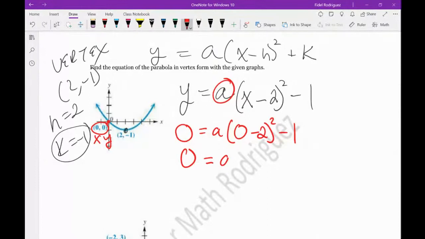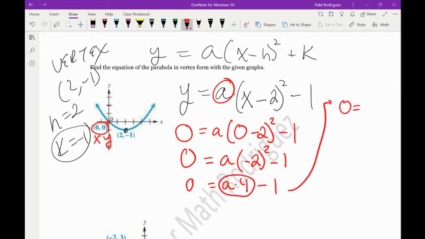So we're going to go slow here. a times (0 minus 2), which is -2, squared, minus 1, because we still have it squared. -2, when I square it, gives me the number 4, minus 1. I want you to think about this piece right here: a times 4 is the same thing as 4a.